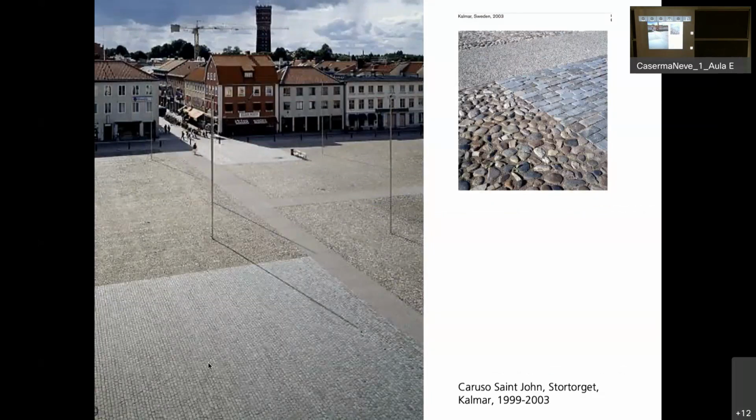Imagine the importance. Maybe sometimes we just underestimate the importance of the ground in our cities, in the places that we live in. Imagine the importance that it has on your perception. When you're experiencing places, you're always walking. You don't usually experience the places from the top of an elevated means of transportation.